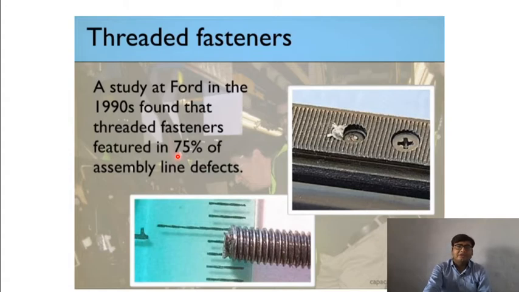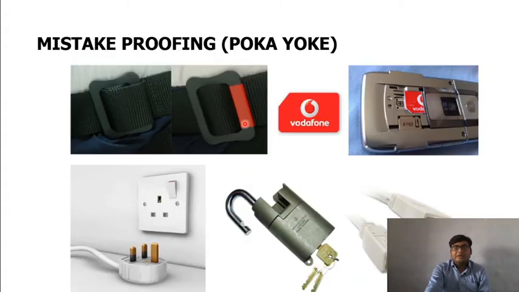We will try to avoid as many threaded fasteners as possible. Instead, we will use different types of fasteners, because threaded fasteners are a reason for defects, and they are also time consuming to fasten. So we will avoid threaded fasteners.